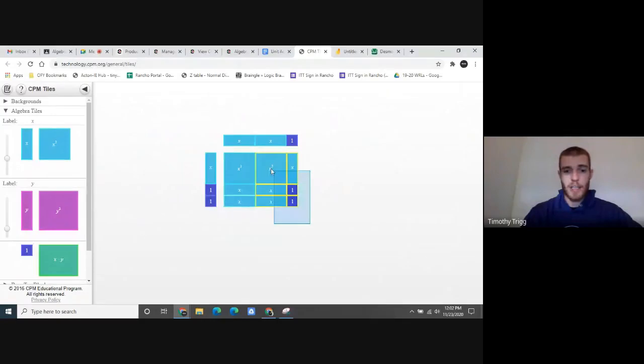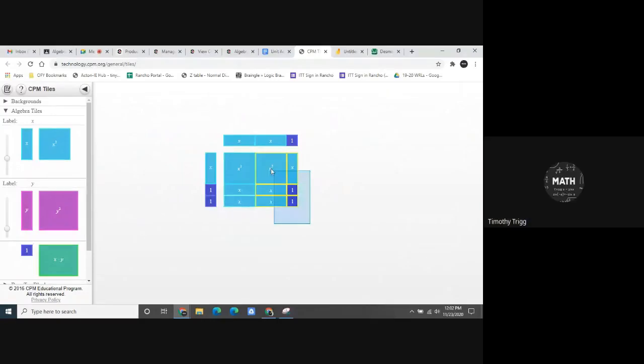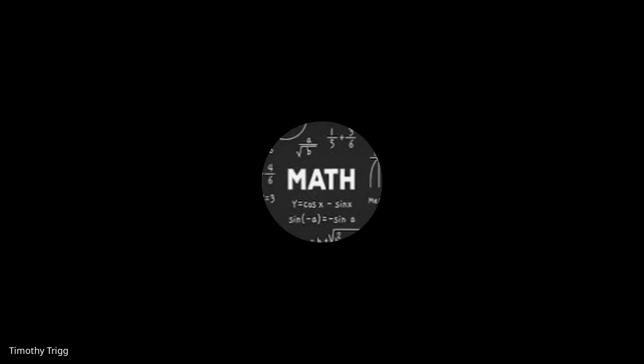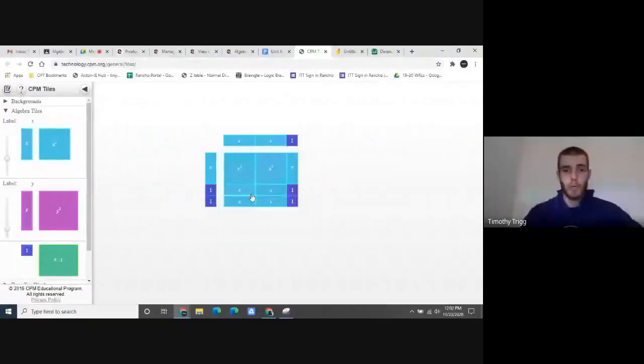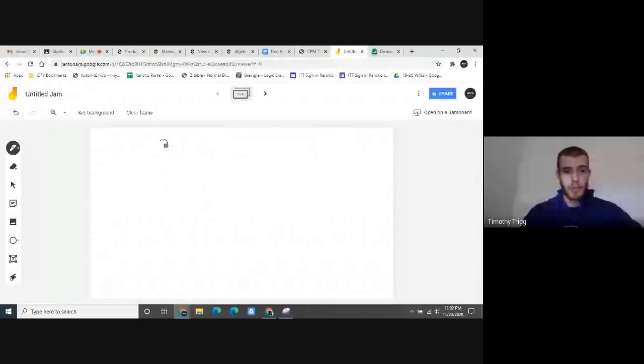So what 2 things multiply to give us this? In other words, what 2 things multiply to give us 2x squared plus 5x's plus 2? Well, it would be 2x plus 1 times, in parentheses, x plus 2.